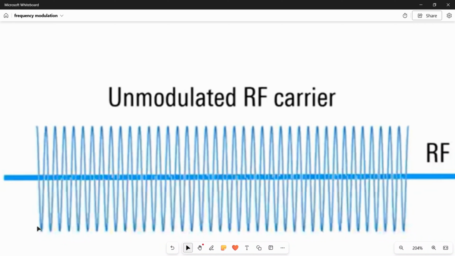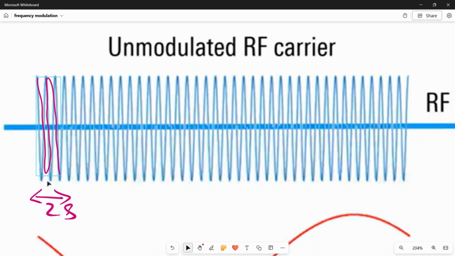So if we say this is one cycle, then this particular time is 2 seconds. My frequency, therefore, is equal to number of cycles, which is 1, all over 2, which would be 0.5 hertz.